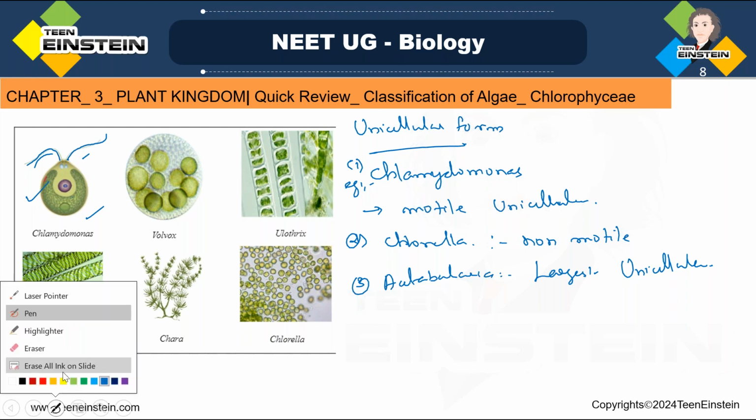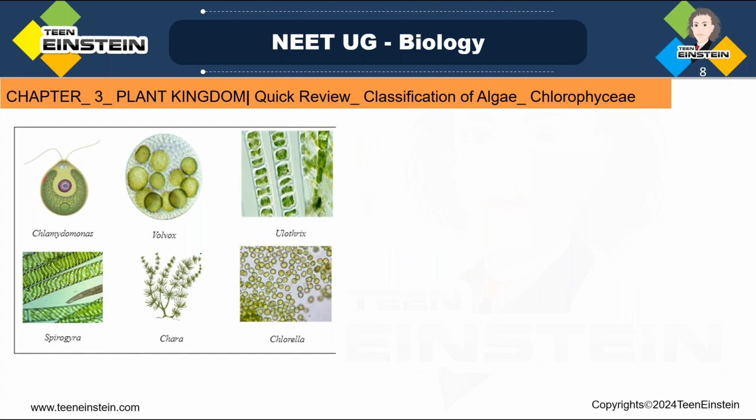Next, we are learning about colonial forms of green algae. Some green algae are found in colonies, or living as colonial forms, so that forms a colony of cells. The number of cells in a colony is fixed.